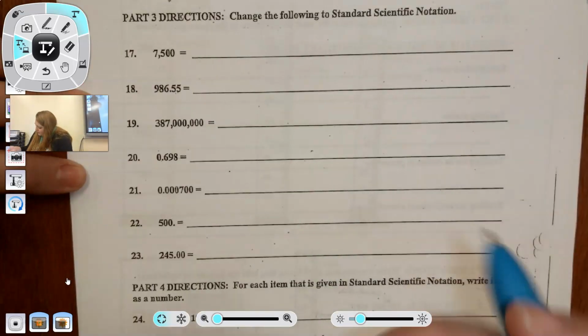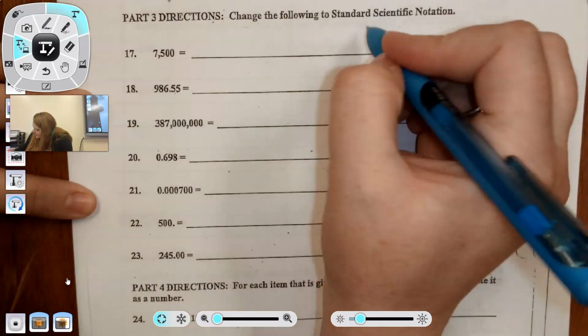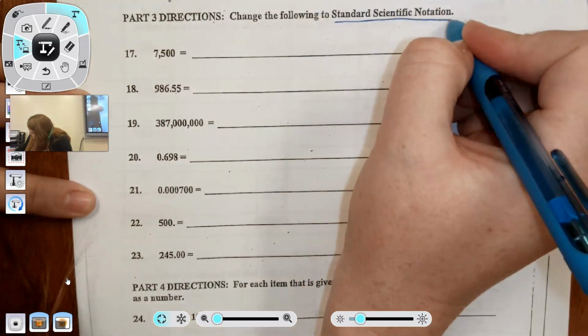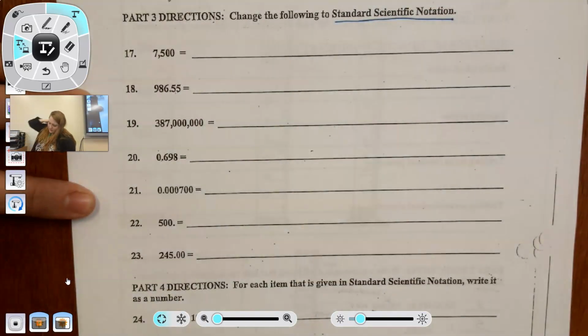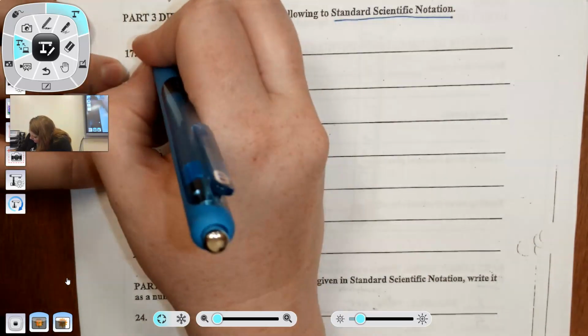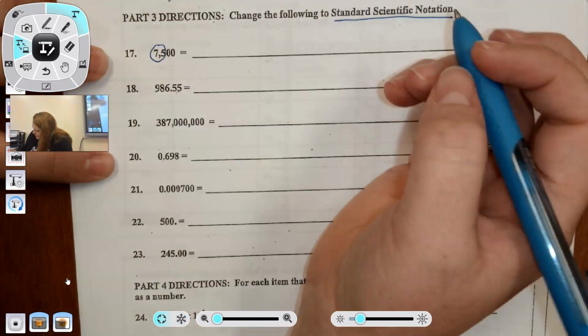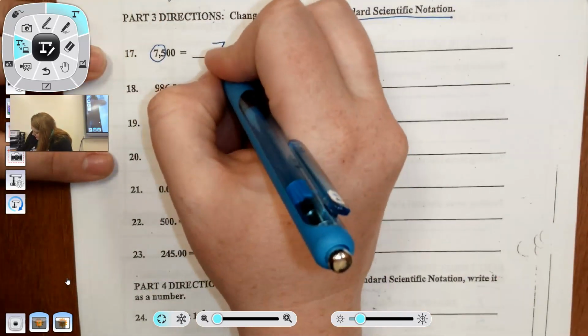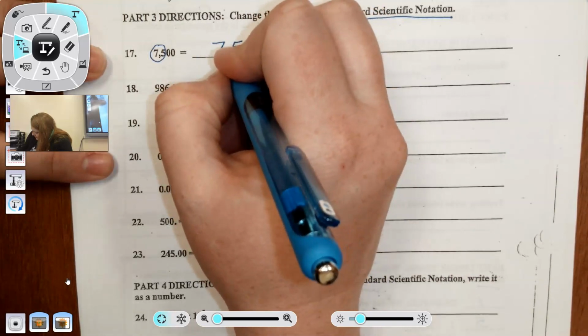All right, part 3. Change the following to standard scientific notation. Okay, so we're turning this to scientific notation. When you're doing scientific notation, you want to figure out a number between 1 and 10. So this number is going to be 7.5.